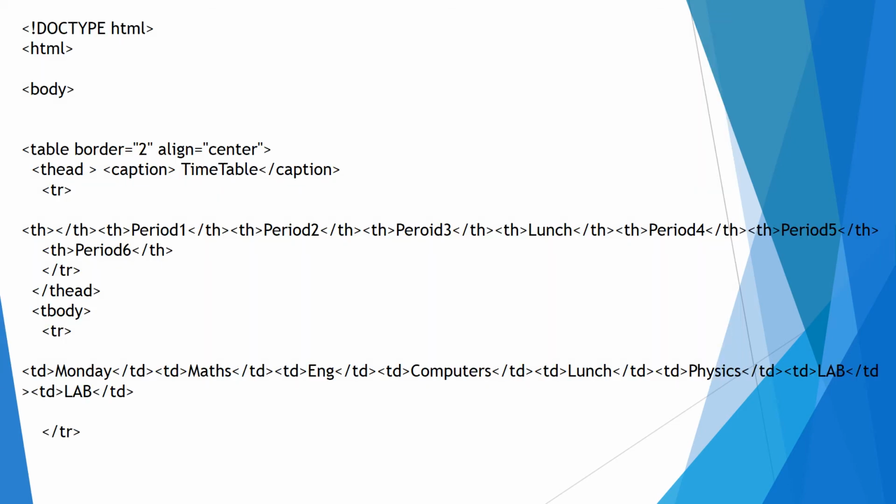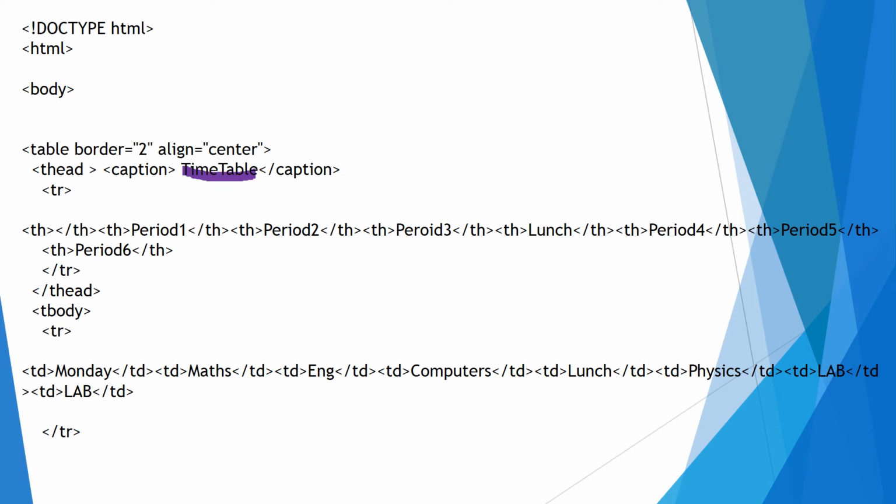Example for this: table head, t-head, t-body and t-foot. I am creating a timetable for a class using this t-head, t-body and t-foot. I am creating one table and the name for this table is timetable.